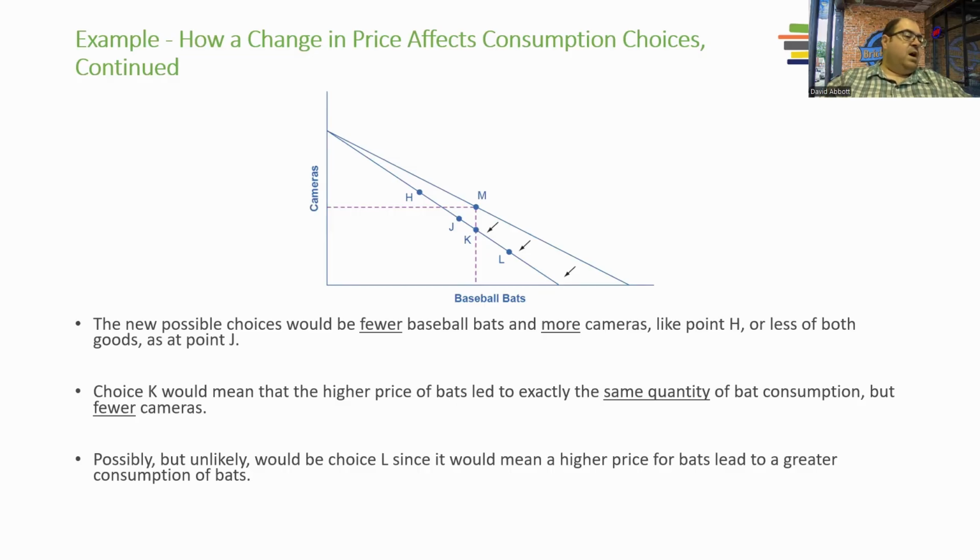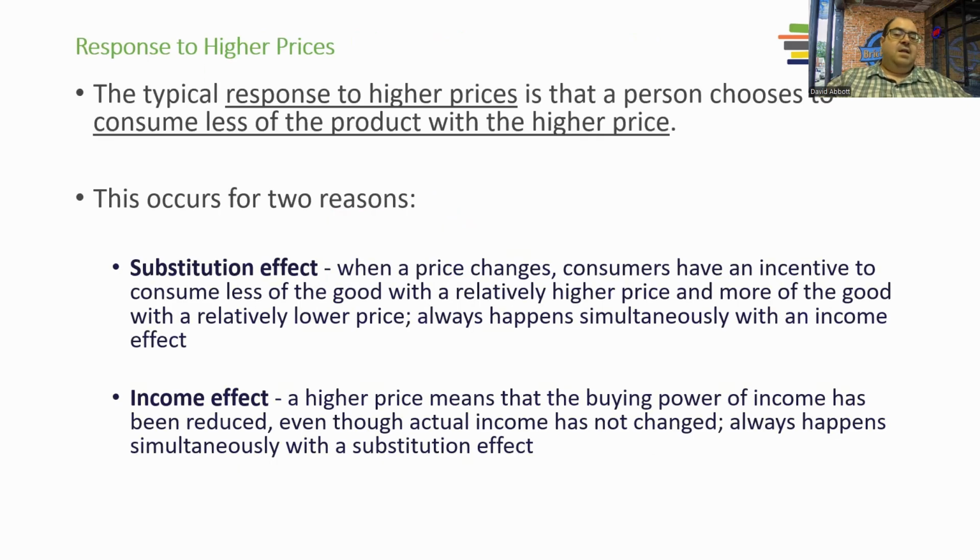The typical response to higher prices is that a person chooses to consume less of the product that has the higher price. This occurs for two reasons, and both reasons can occur simultaneously. The substitution effect occurs when the price changes and consumers have an incentive to consume less of the good with a relatively higher price and more of goods with a relatively lower price.